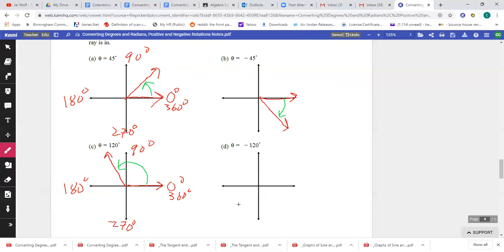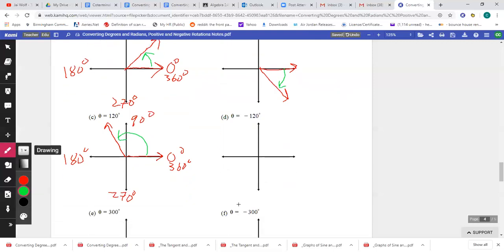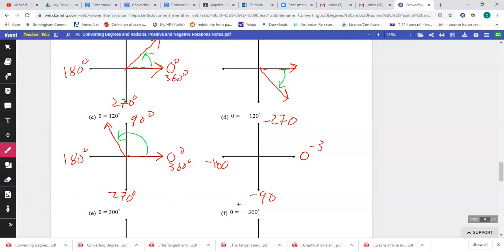Now, negative 120, how does that work? Well, if you're confused about where it should go, think of it this way. If you're going positive this way, does that make sense to everyone? Because if you're going positive 90 this way, then going negative 90 would be right here, right? Negative 180, negative 270, if we're going clockwise.